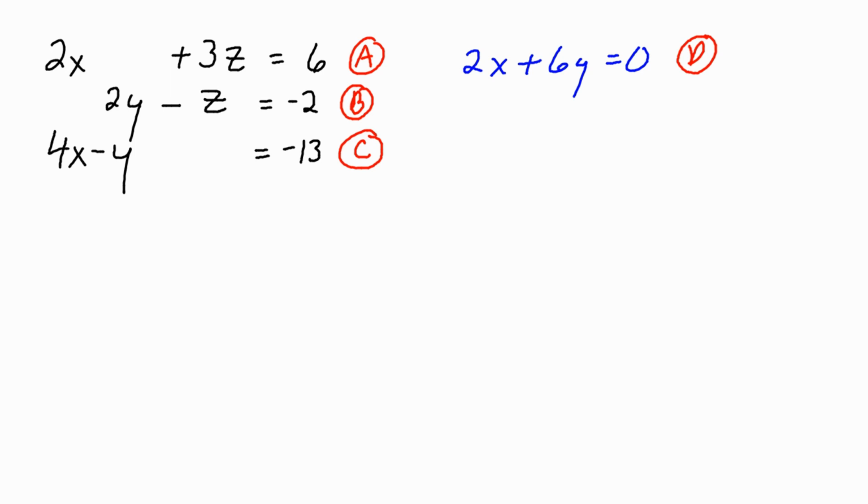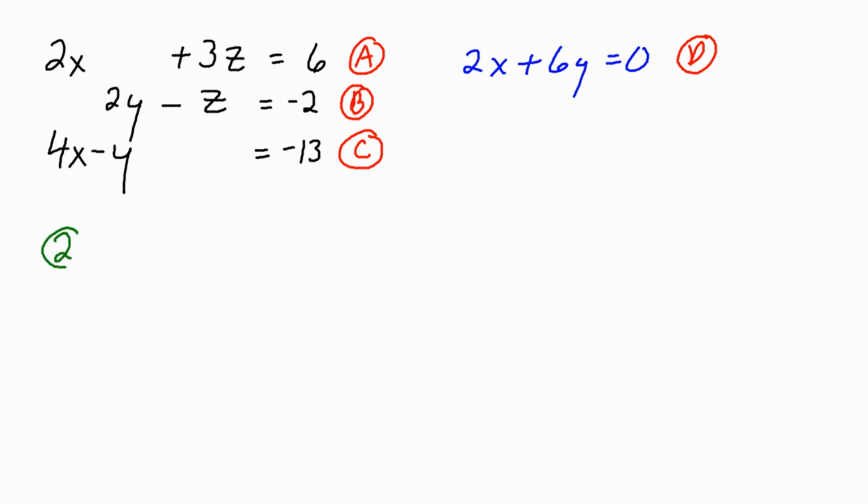Our next step is to eliminate either x or y. Using equation C and equation D, I can eliminate my y more easily than my x since my y's have different signs.